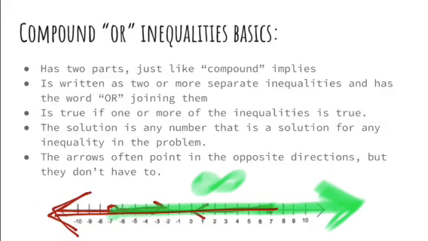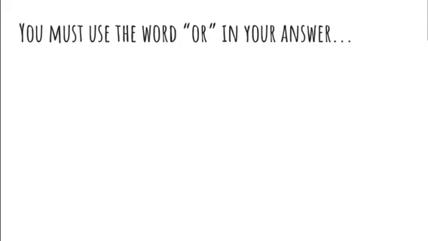So here we go. Let's look at some more. An important rule for compound inequalities with the word or is that the word or must be in your answer. You cannot shorten it into one of those sandwich inequalities. For instance, 2 is less than x, or x is less than 0.